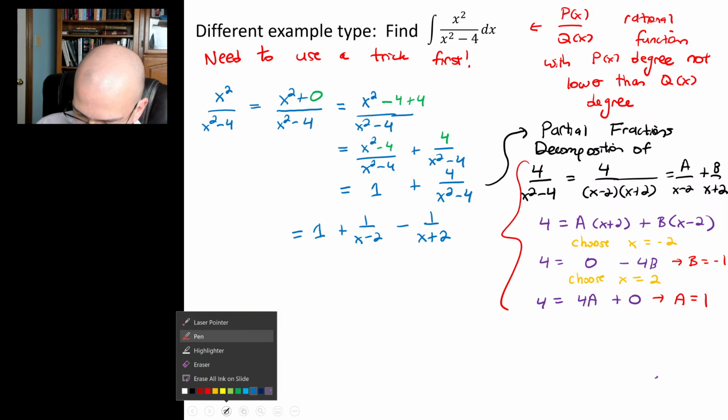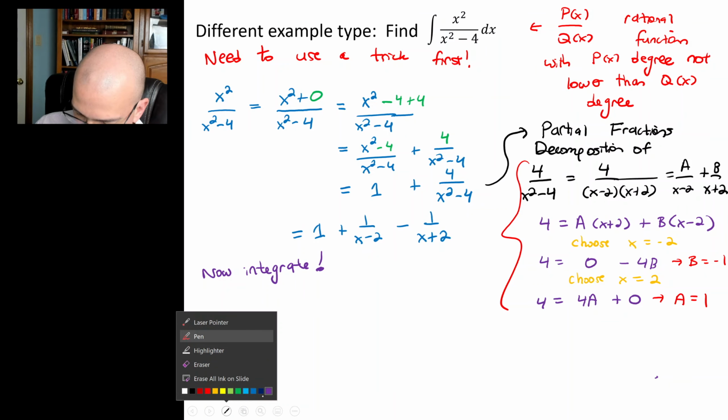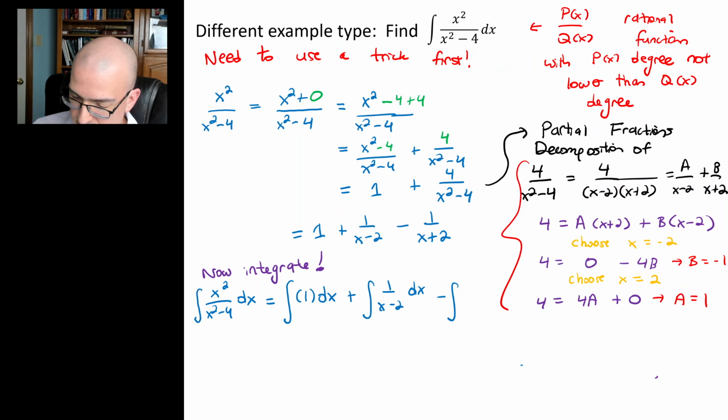Now we can integrate. We have the original integral, x squared over x squared minus 4. We can rewrite that as the integral of 1 plus the integral of 1 over x minus 2 minus the integral of 1 over x plus 2.